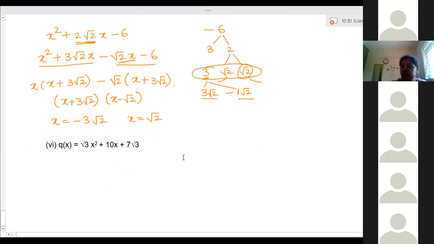What zeros did you get? Minus 7 by root 3 and root 3. No, wrong. Ma'am, it's minus. It should be minus root 3 and minus 7 by root 3. Yes, ma'am, I wrote them as zeros, but afterwards I used root 3.